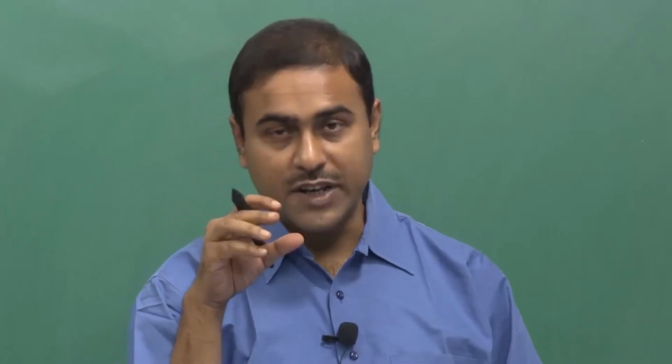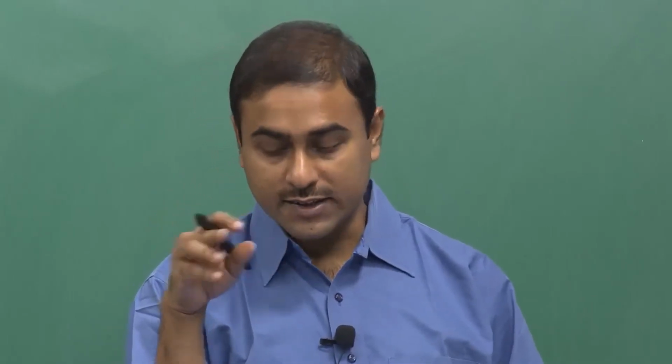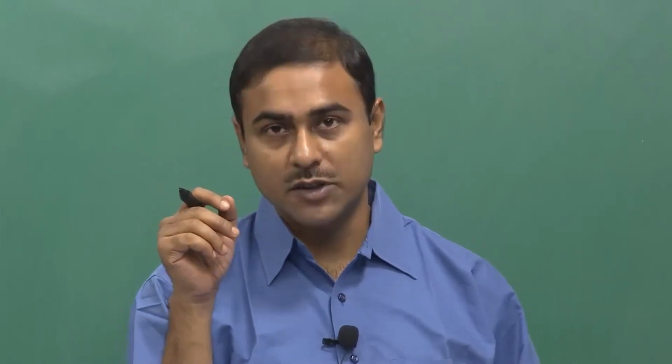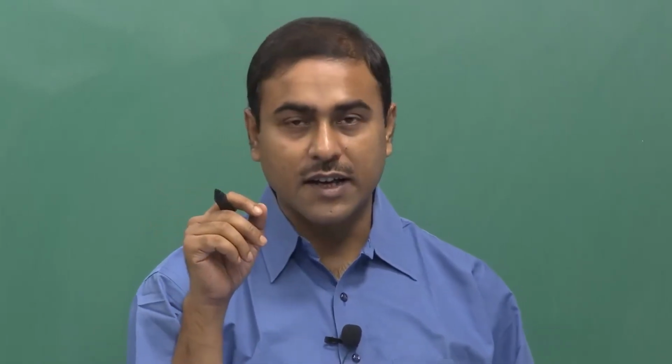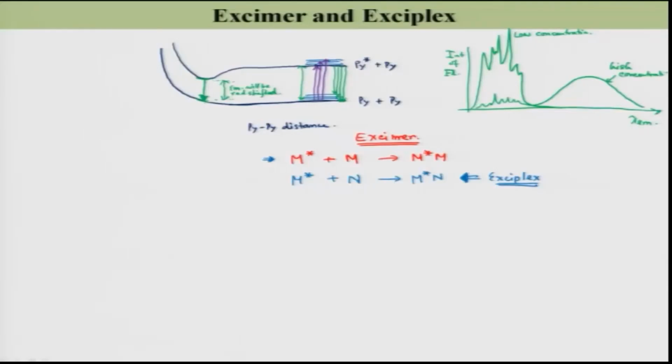That time taken for the excimer formation can be easily visualized if you do the time resolved measurement. If you remember, as I told you, let us say this is your emission spectra as I showed over here, at the high concentration. So this is my high concentration, the emission spectra is something like this as I showed.